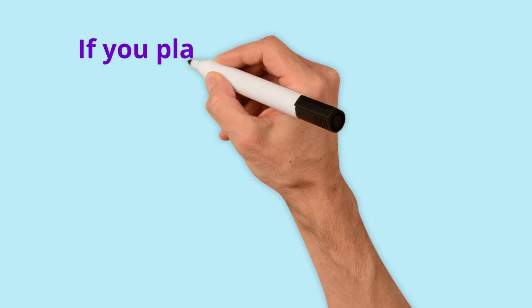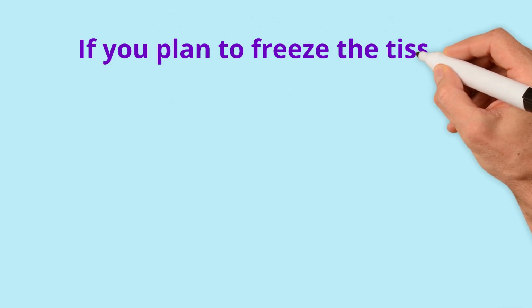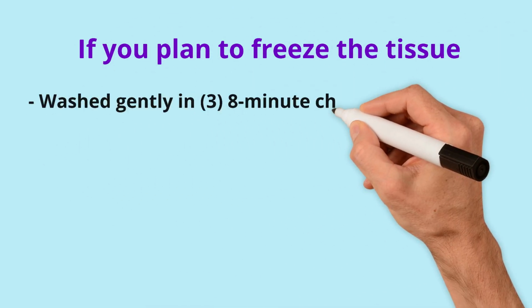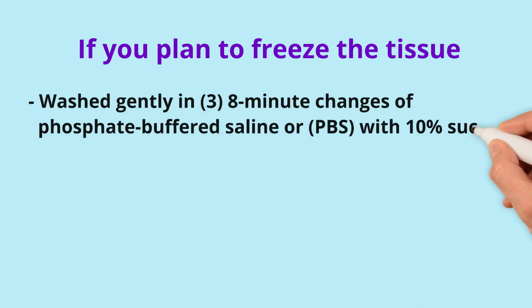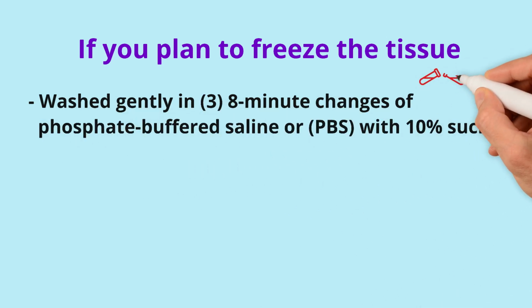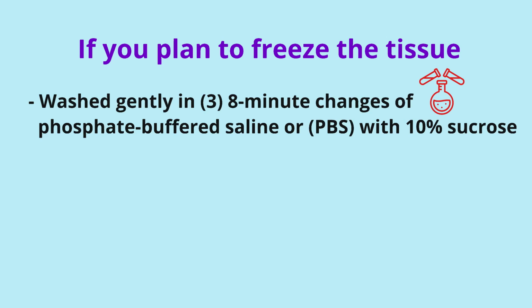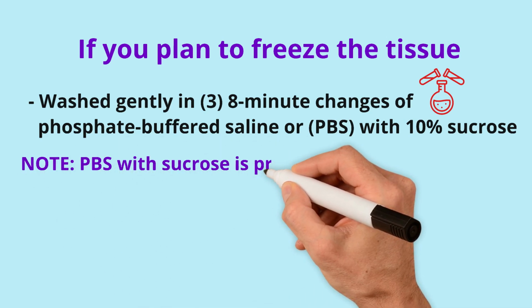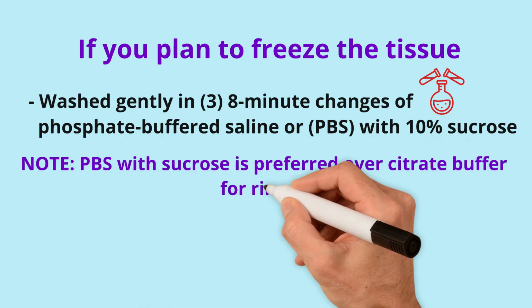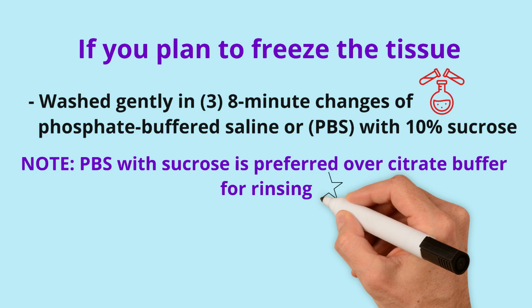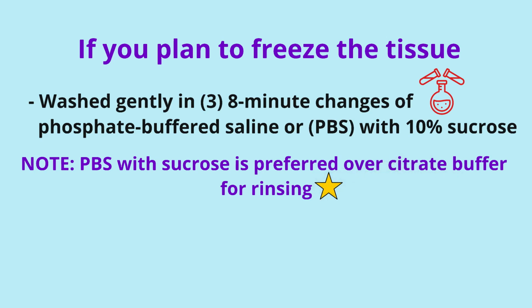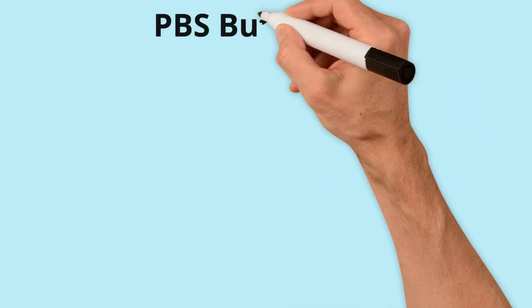If you plan to freeze the tissue, you should wash gently in 3 8-minute changes of phosphate buffered saline or PBS with 10% sucrose. PBS with sucrose is preferred over citrate buffer for rinsing, as it makes tissue sectioning easier.